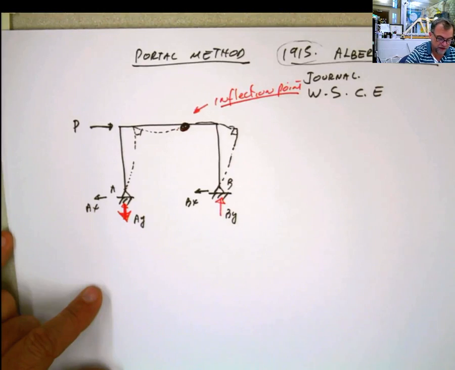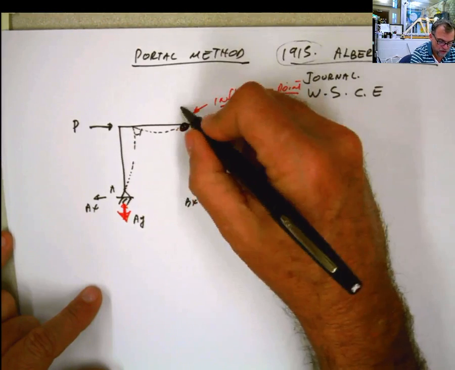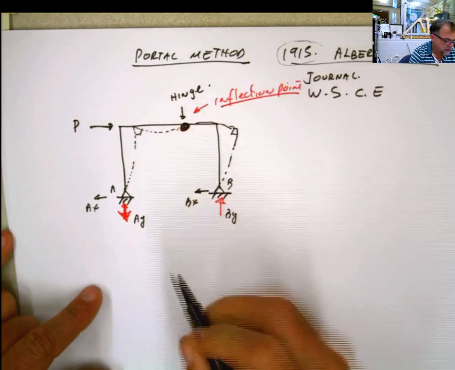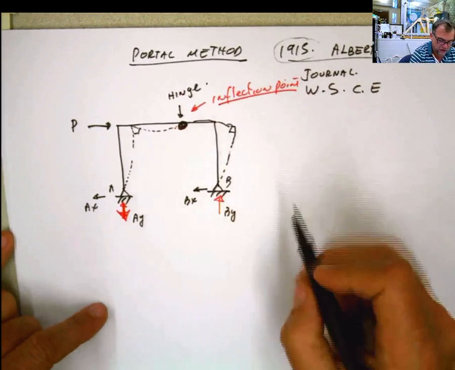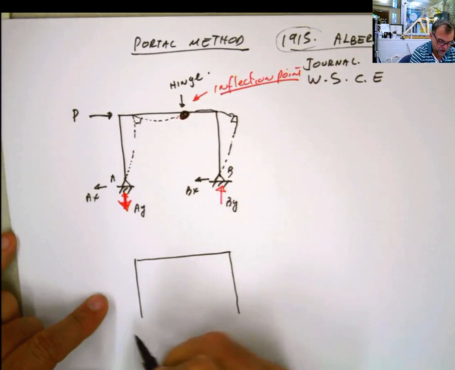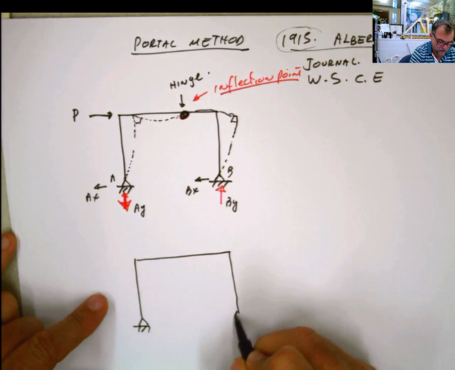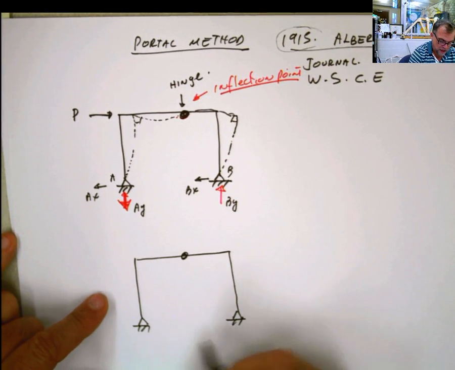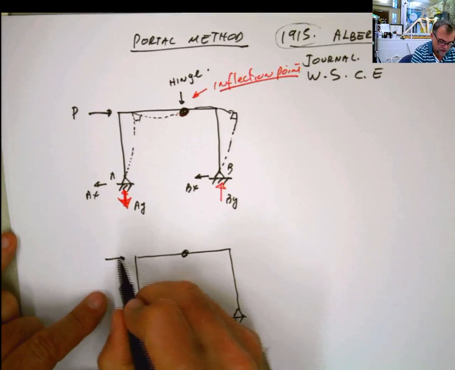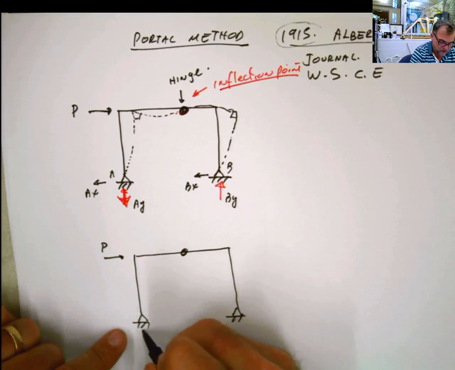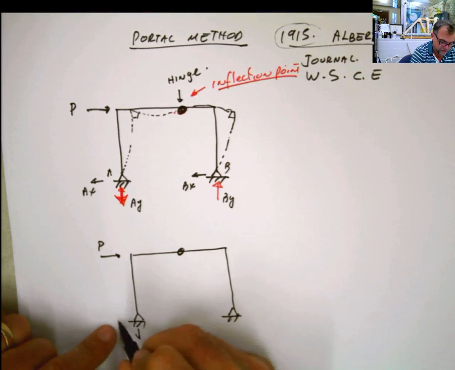So if that happens when you have a hinge, why not consider that point as a hinge, and then the frame that we had is going to be changed somehow by this frame. Now, if this is what we have now, you have 1, 2, 3, 4, the same reactions as before.